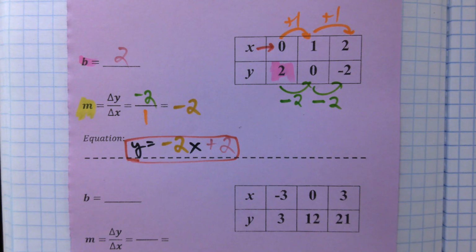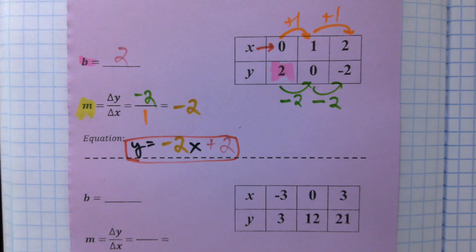Same thing. On that second table, where is the x value of 0? And what's directly under it? Yes, this guy. So we're not doing anything, all we do is perfect. My B value, what's my B?